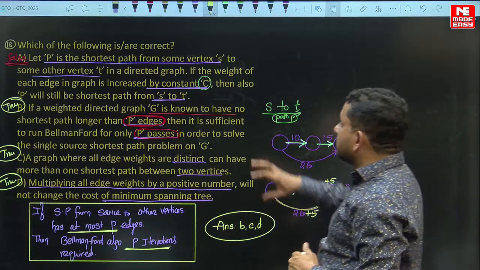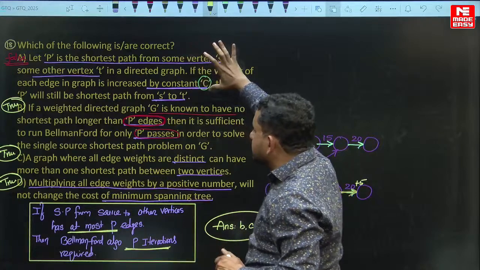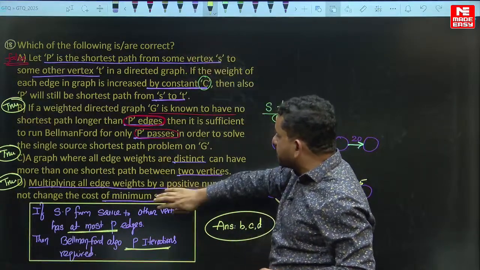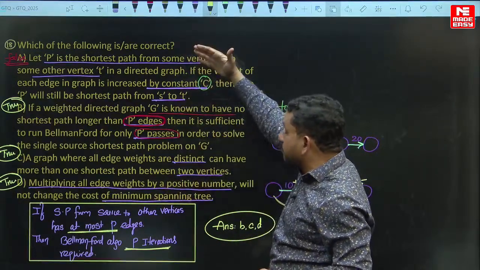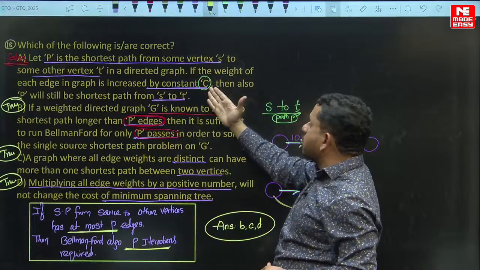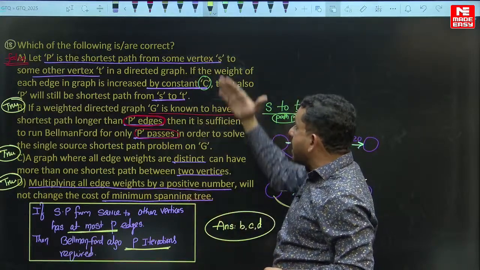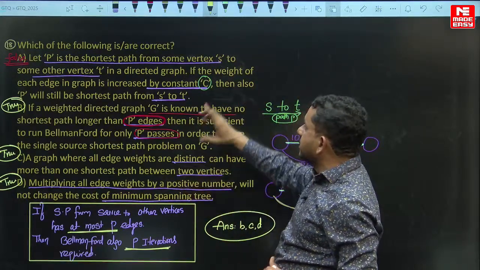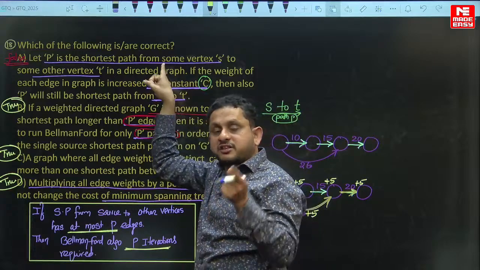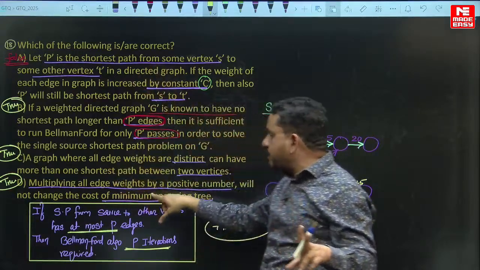The first option and the fourth option are similar: both are adding a constant or multiplying by a constant, but one is for the shortest path and the other for the spanning tree.